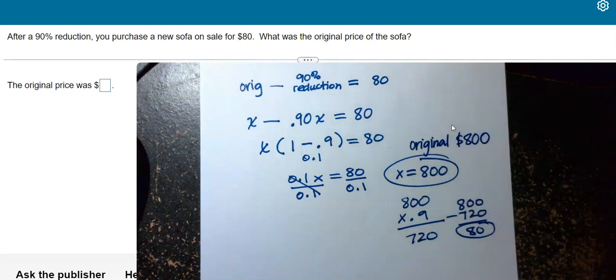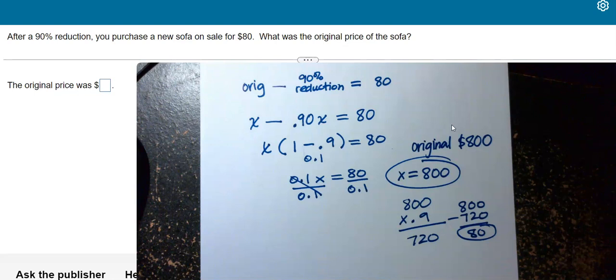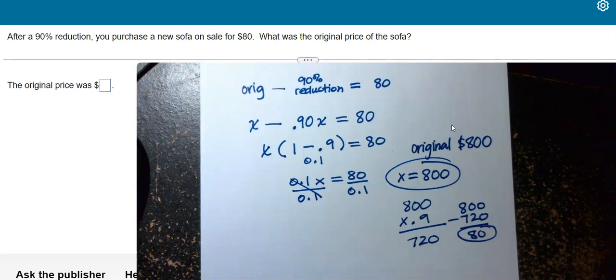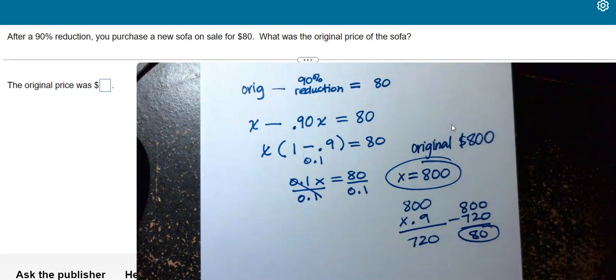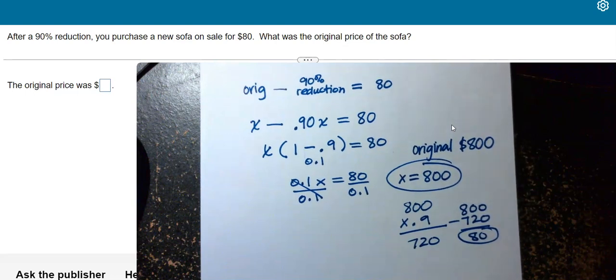Now, let me give you a little tip on questions like this, and it can be questions about reductions by a percentage or questions about adding a percentage, like maybe adding sales tax. When you are subtracting a percentage, another way of doing this, kind of a shortcut: if I take 90% off, then what percent is left?